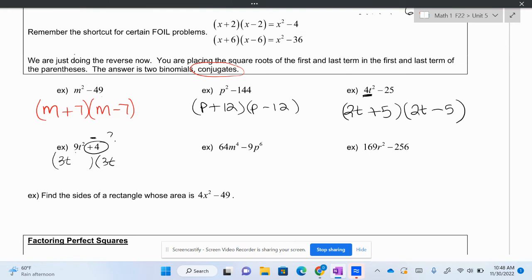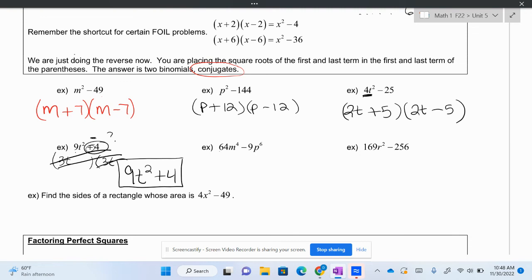This is not the difference of two squares. This is the sum of two squares, and those don't factor with integers. So this is factored as much as it can possibly be with integers.